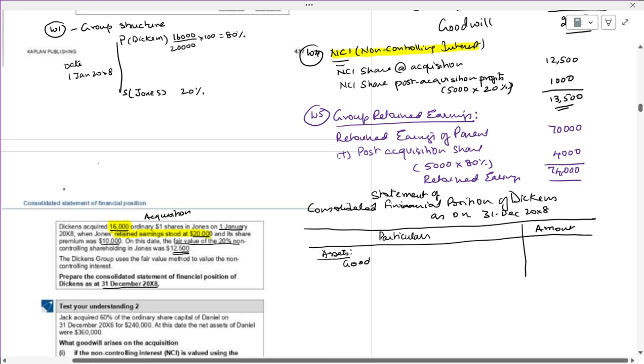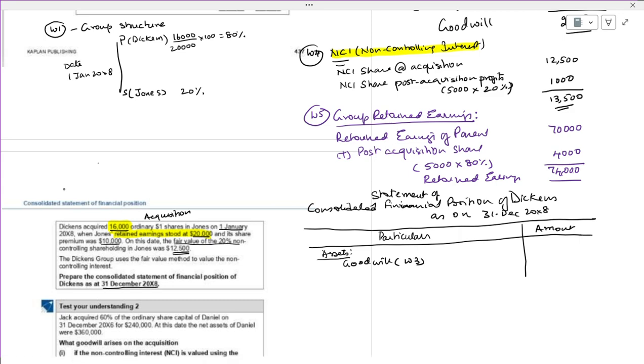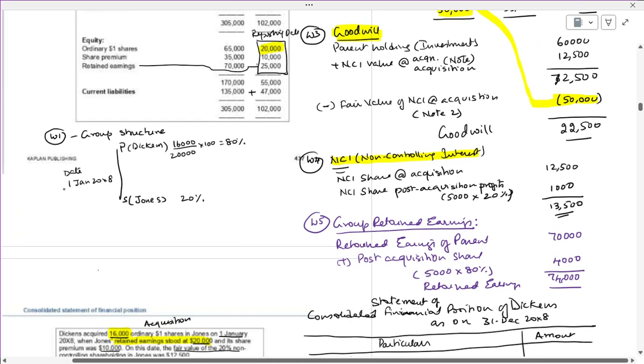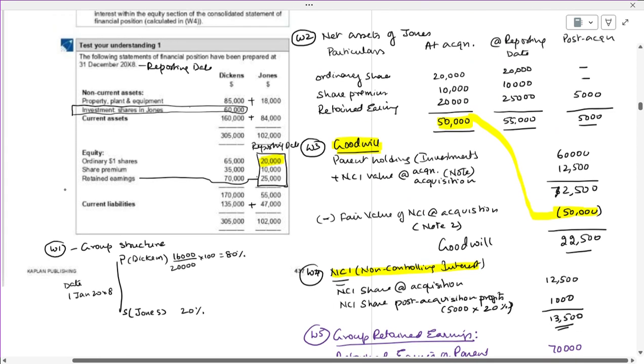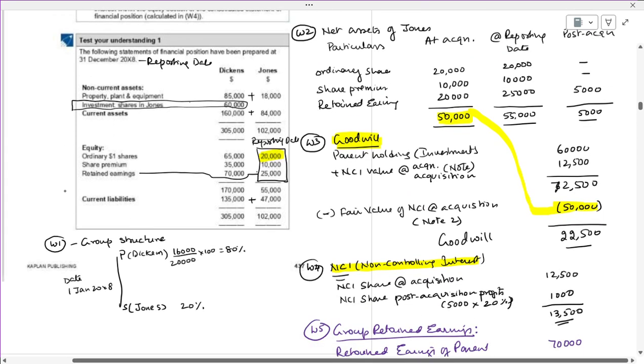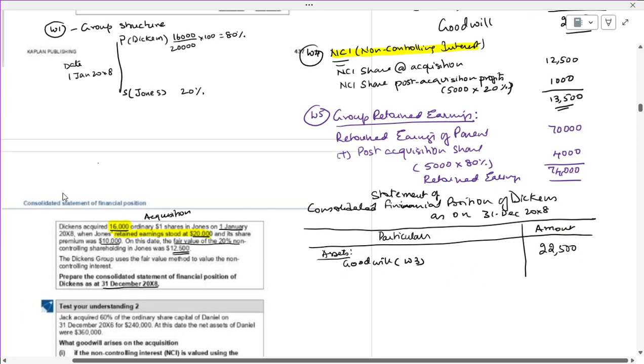Goodwill. How much have we calculated for goodwill? Working 3: 2,255. Next, property, plant and equipment.